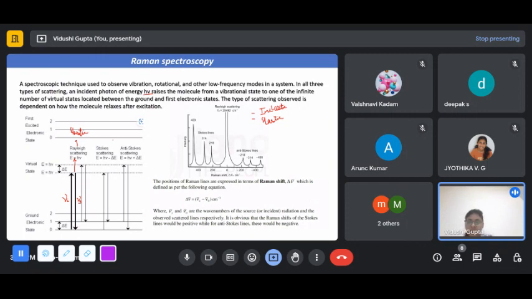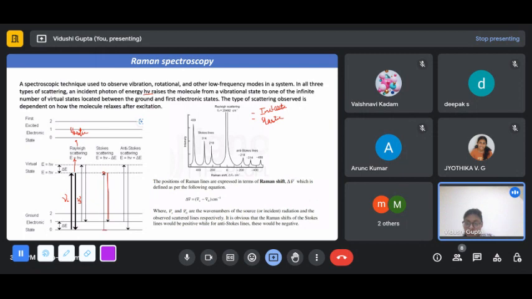While another type of scattering is called Stokes scattering. What happens in Stokes scattering is that when a molecule is excited to any virtual state or any higher excited state, then it relaxes back to a state lower than its original.